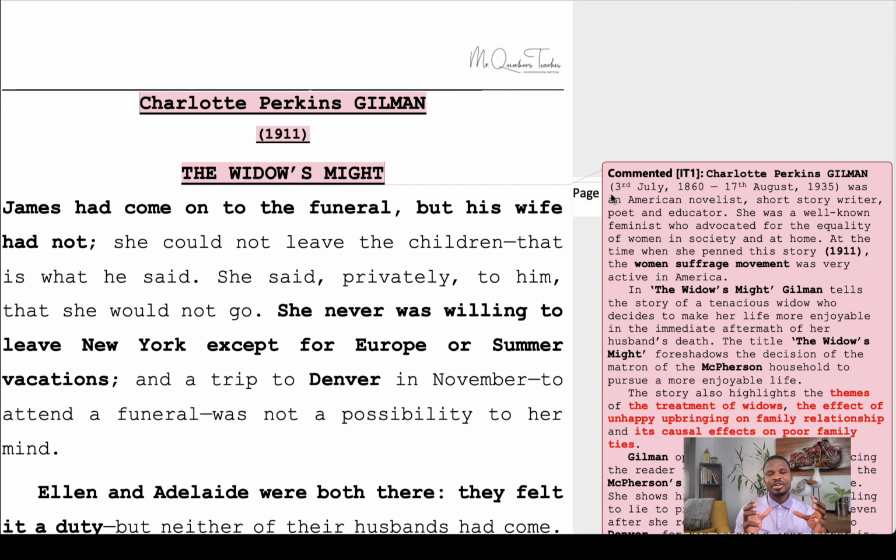Now let me just give a brief synopsis of the short story before I begin my analysis. The short story deals with the aftermath of the death of a man, and the congregation of his wife and 3 children. His wife at this point is a widow, and we see that the children toss around the idea of what to do with her, thinking that she's someone that is helpless and at their mercy.